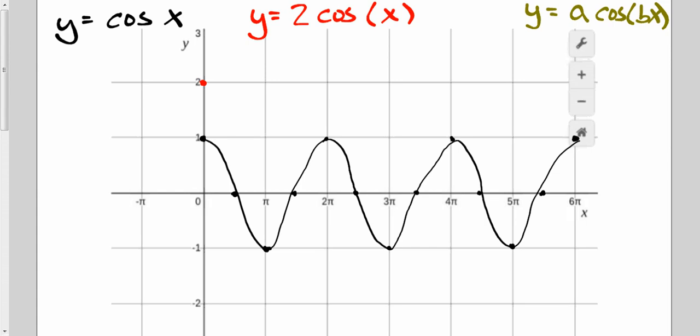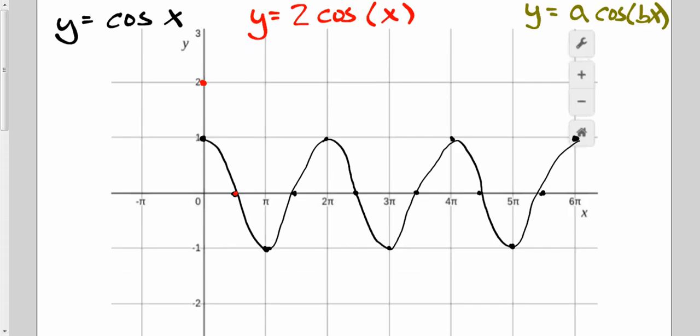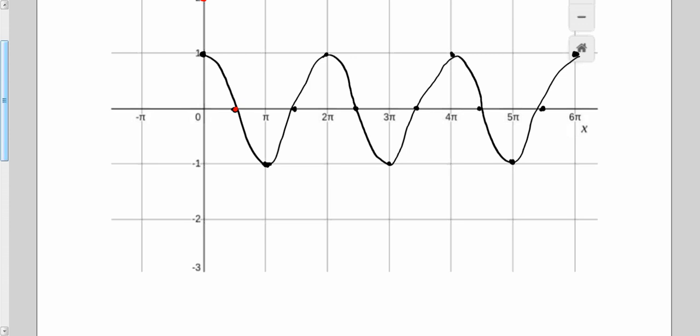Now, when x equals pi over 2, remember that's halfway between 0 and pi, my black graph equals 0. So 2 times 0, my red graph will also equal the same thing. Similarly, when x equals pi, my graph should be 2 times whatever the black graph is.